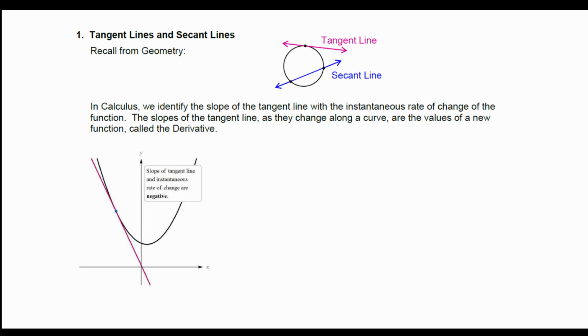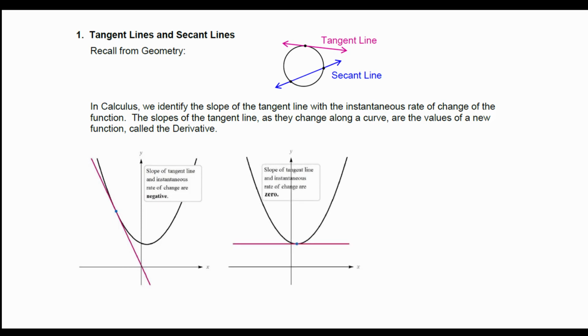As you see this first picture again, the slope of this tangent line is obviously negative since the line is going down from left to right. So at this particular x on this parabola, the instantaneous rate of change is negative. Look at the next graph.